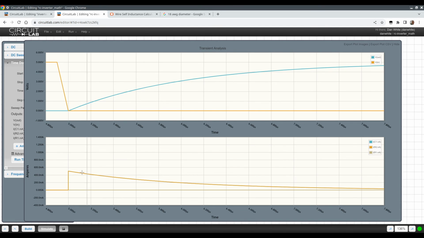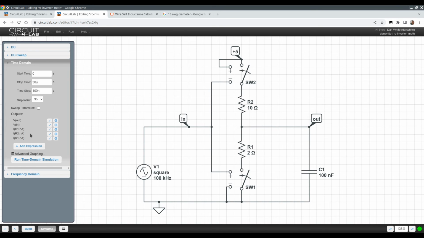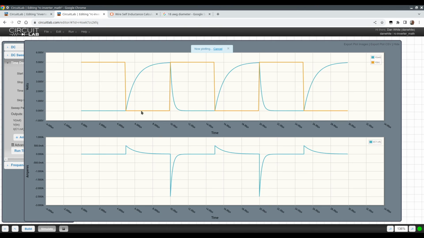Current through the resistors, current through the capacitor and such, or current through the load. Plot just the load current because only one of these switches is on at a time. If you see how the plus and the minuses are hooked up. Run this one more time.